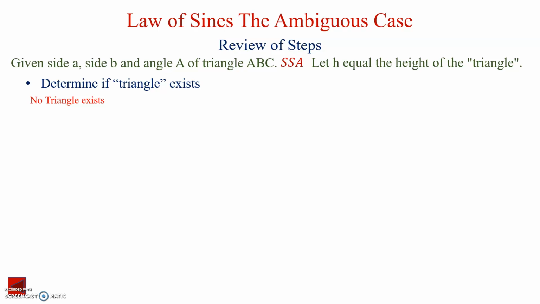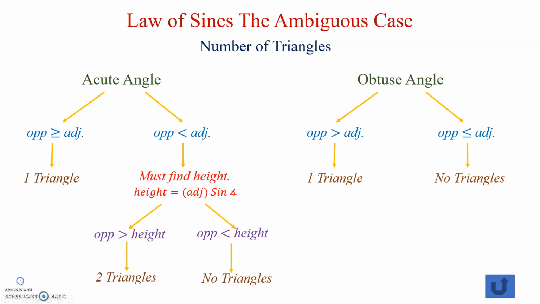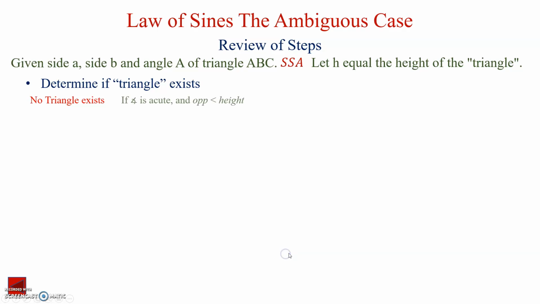We saw from our little chart, no triangles exist in two separate places. No triangles here, no triangles here. So that was an acute angle, opposite was less than the height. And of course, we found the height by using that formula. And if it was obtuse, the opposite was less than or equal to the adjacent.